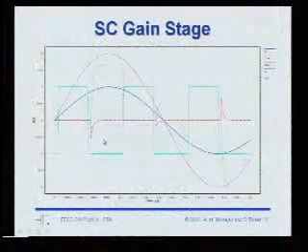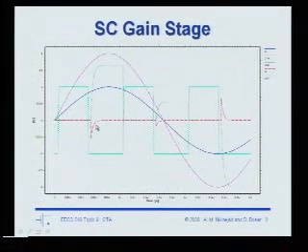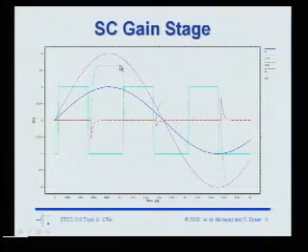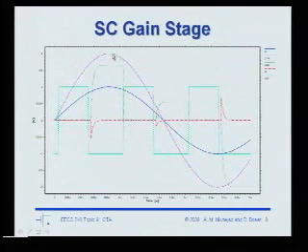This is the negative terminal of the OTA, and you can see that as the OTA turns on and settles, it brings this voltage back down to 0. While it's doing that, you can see the output voltage is settling to some value. Now I'm a little bit puzzled. Why is it that the OTA is not settling to the right voltage?